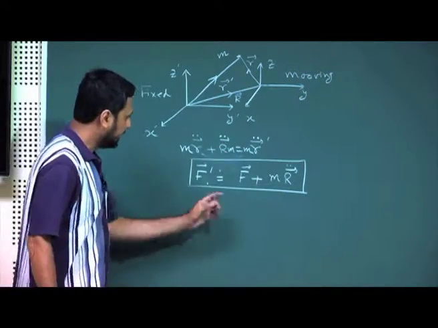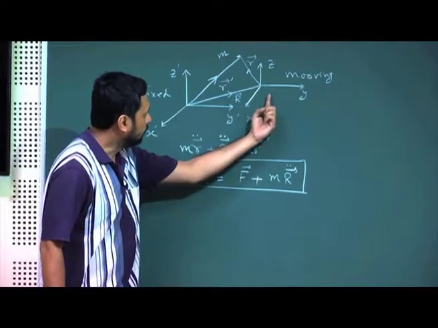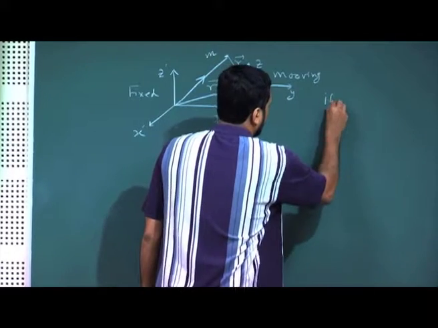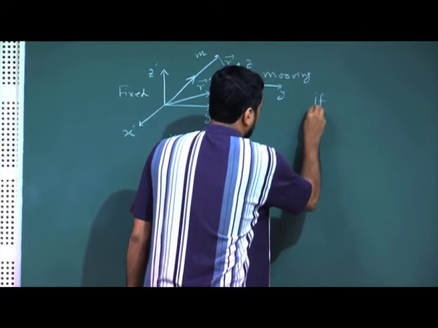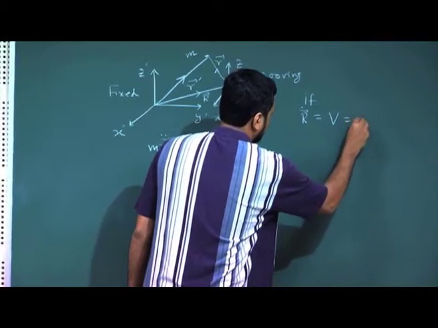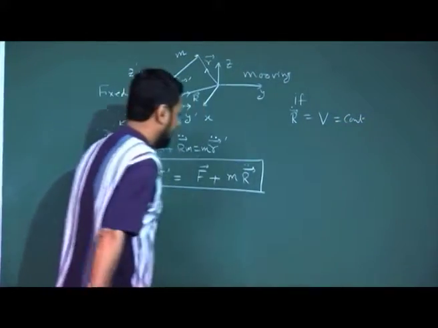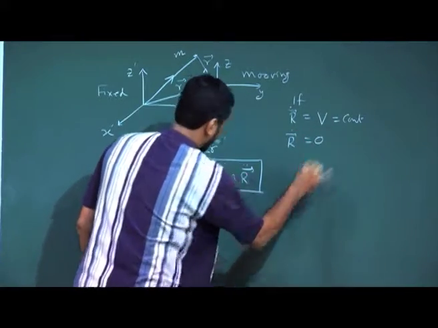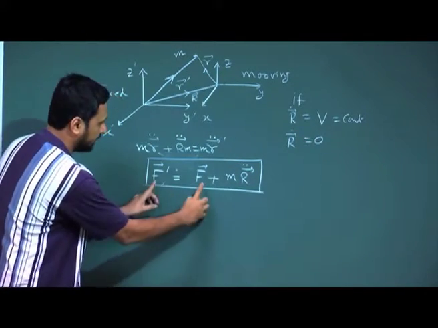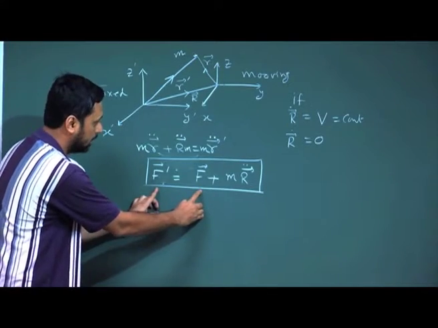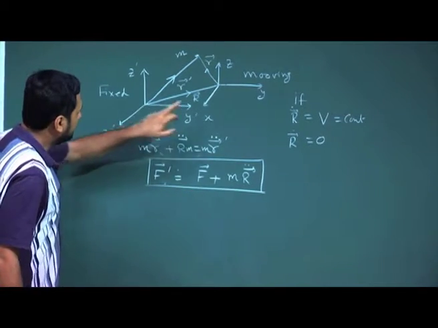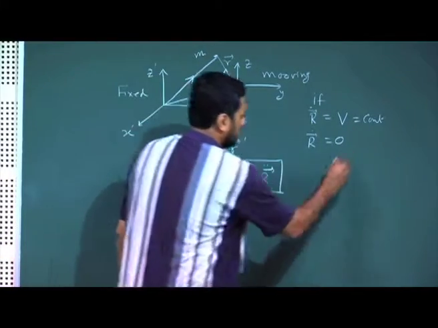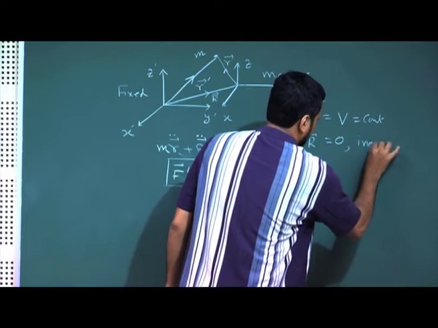And we have discussed that if this is moving with a uniform velocity, that means if R dot is equal to v equal to some constant, then we immediately see R double dot is equal to 0 and these two measured forces are equal. So, that means if this moving frame is moving with a uniform velocity, then it is called an inertial frame.